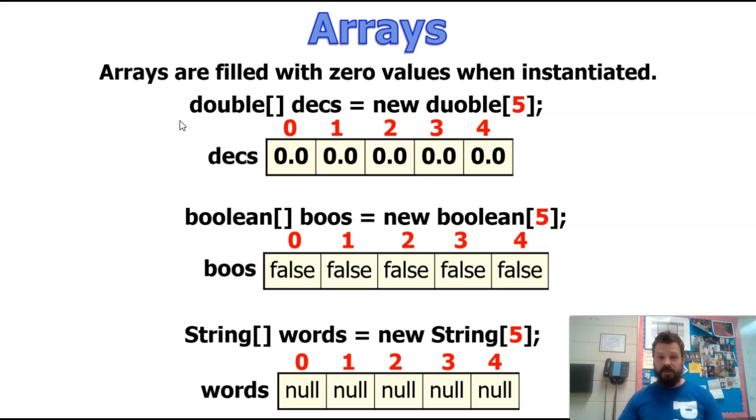In the case of doubles, the zero value is 0.0. When we're talking booleans, the zero value is false. And when we're talking strings or any other type of object, the zero value will be null. Strings are objects, and if it's null, it's not pointing to an actual object. That works as the zero value for objects.